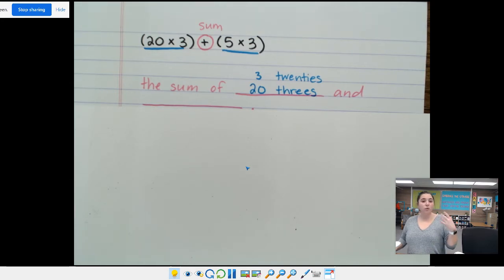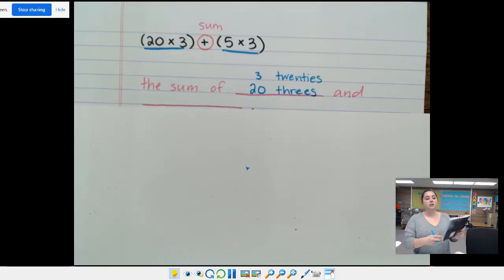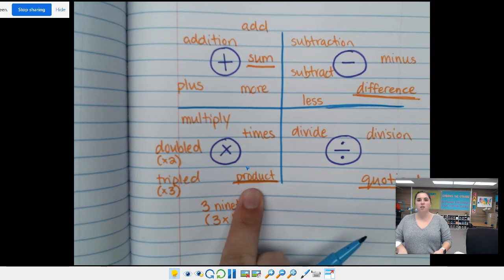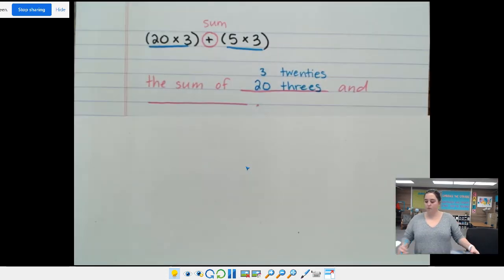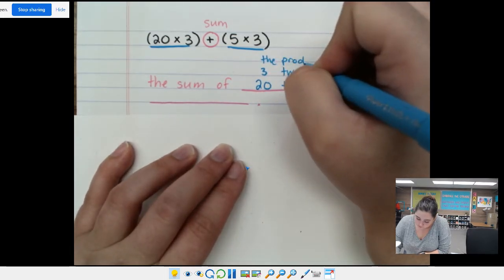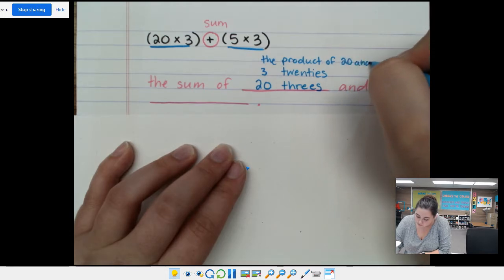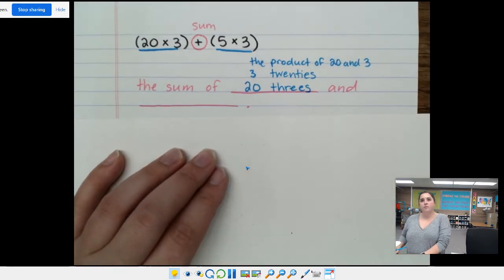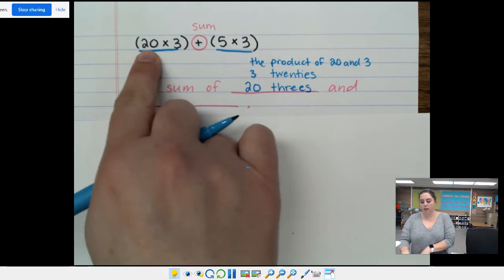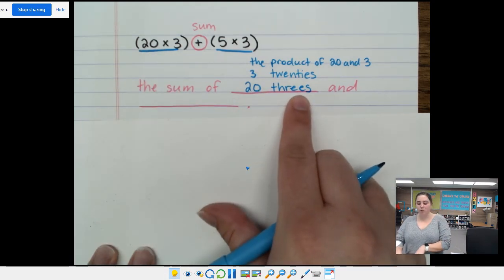In fact, the word that means the answer to a multiplication question is product. So you could even write the product of 20 and 3. Personally, 20 threes, I think, is the simplest way.